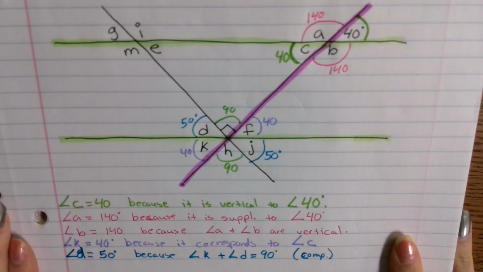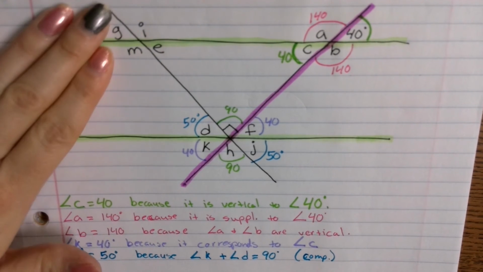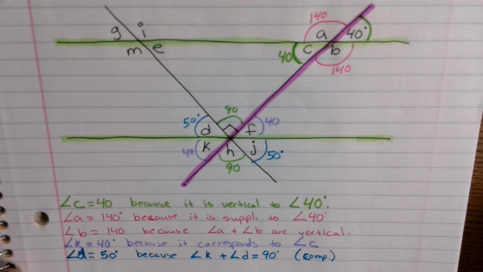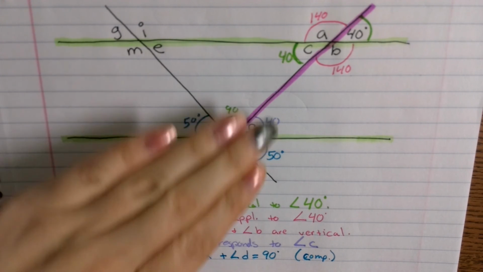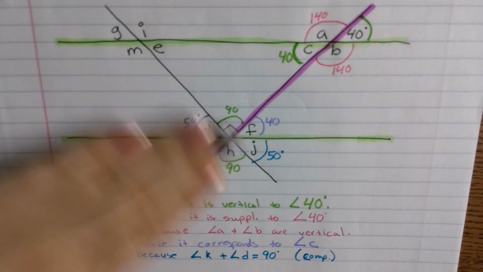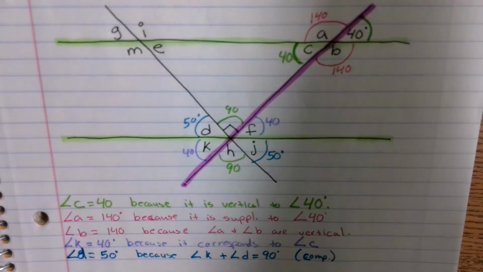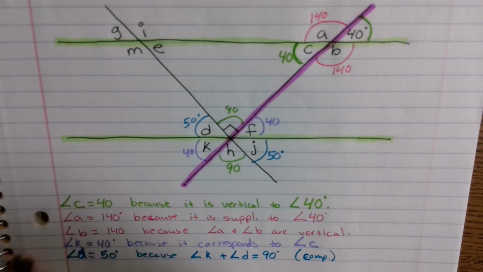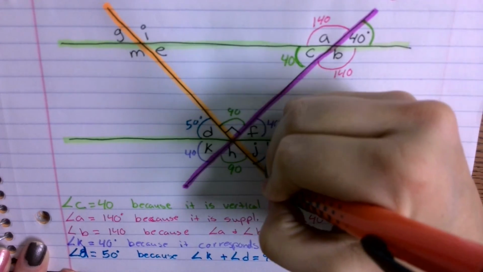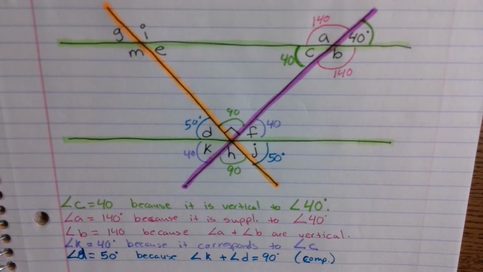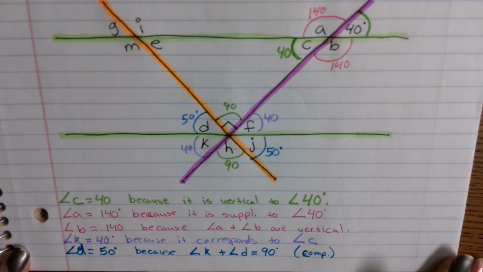Now again, we can figure out what's left up here because we've got a set of angles that are going to correspond to stuff down here based off of this transversal. So I'm going to highlight this transversal in a different color. I'm going to highlight this one in orange. So now I can see how they relate to each other. Let's start with something easy.